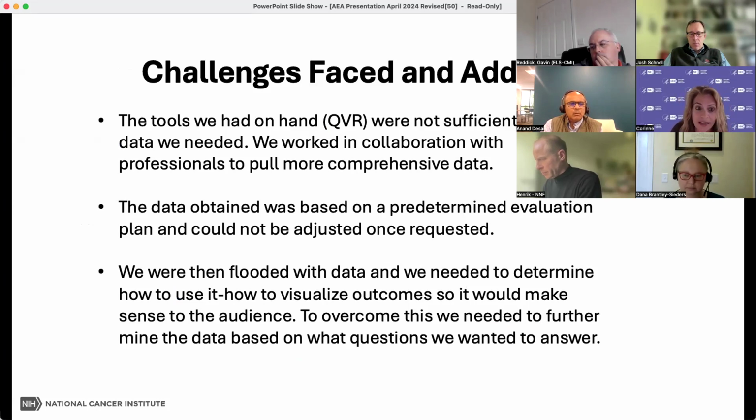The tools we had on hand were not sufficient to obtain the data we needed. We knew that we would need to work with a collaborator who could access the data that we could not. But first we had to pull an initial sampling of data so that we could look and see if what we wanted to do was feasible.